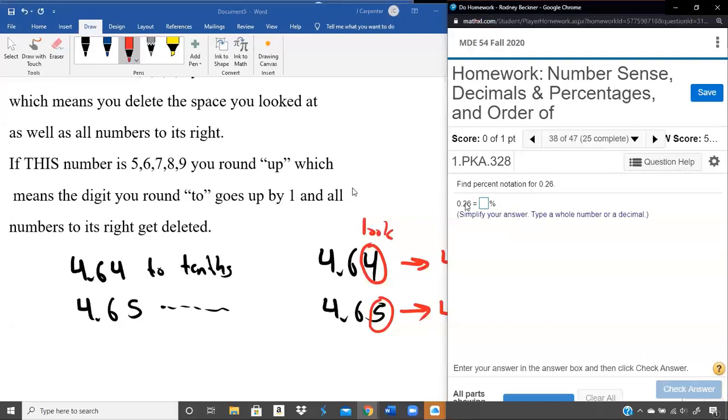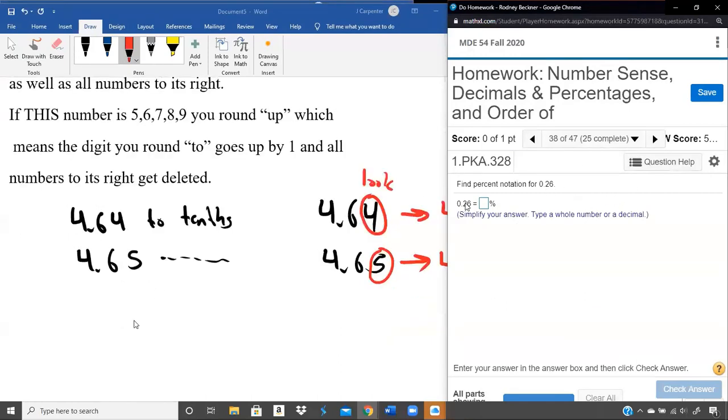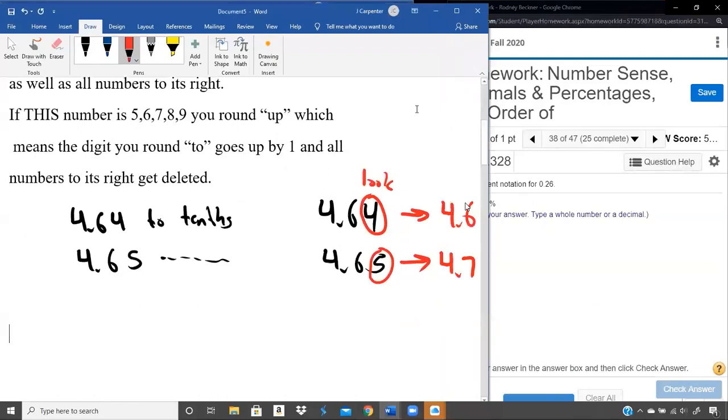All right, something that you're going to see constantly throughout this semester, something you saw me do last class, I believe, maybe not today's class, Tuesday's class, converting between decimals and percents, and by that I mean the 154 class. Converting between decimals and percents is all about moving a decimal place.